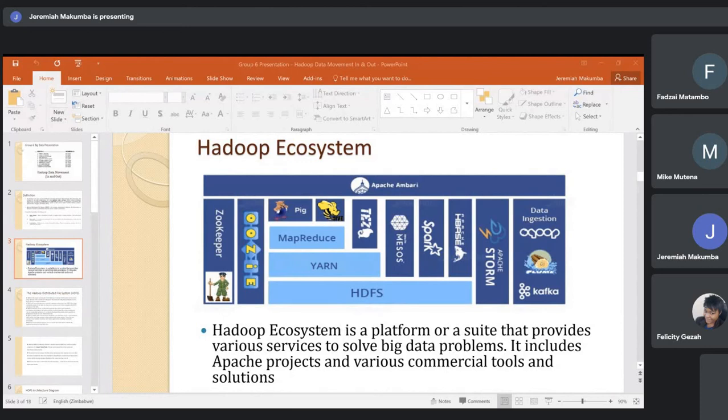Let's say last time when I presented, we had 600 megabytes of data and we split it, creating blocks.